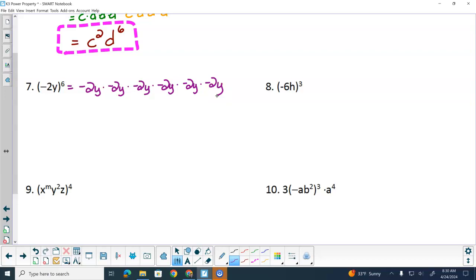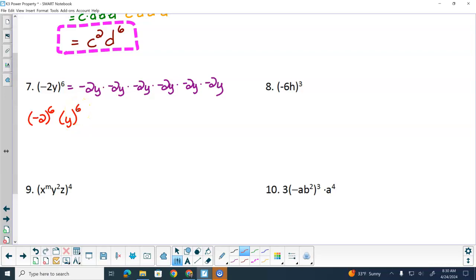Now, can I show you a shortcut? Remember how we said in the power to a product that the power has to go into all of the parts, right? So this is going to be negative 2 to the 6th power. That's one of the parts, right? And this is going to be y to the 6th power.